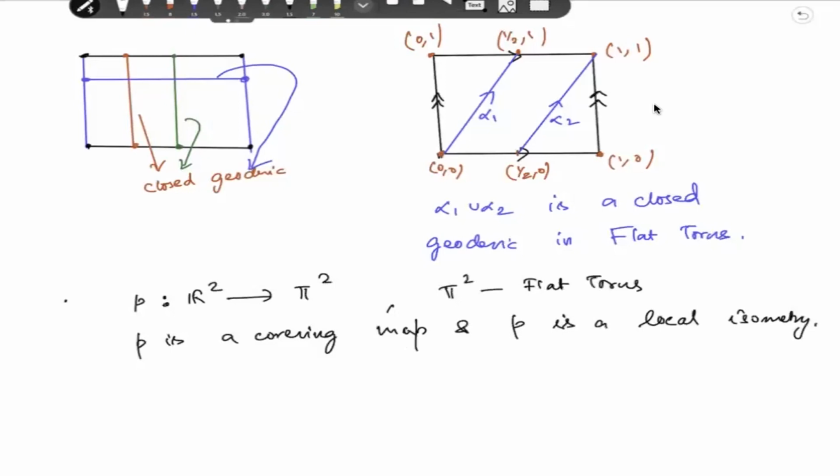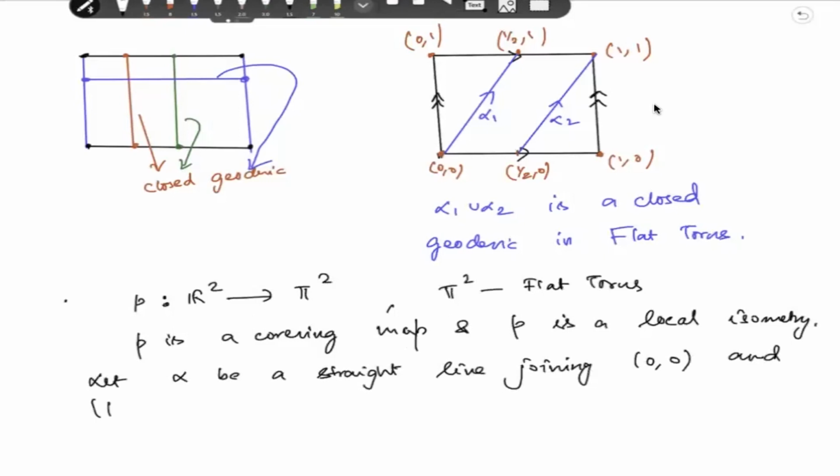So let me write it down. Let alpha be a straight line joining the origin and (p, q), where p and q both are integers, in R2.